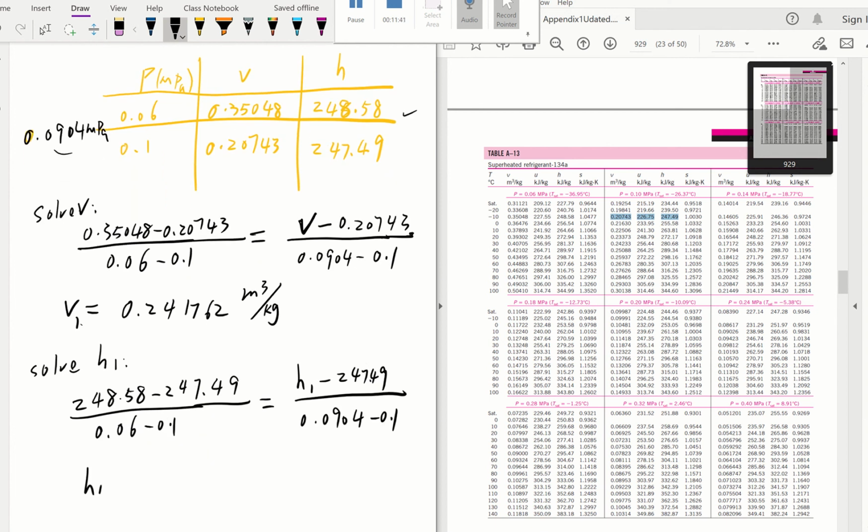Then we can find our H1. Let's see what we got. My enthalpy here is calculated as 247.7516 kilojoule per kilogram.